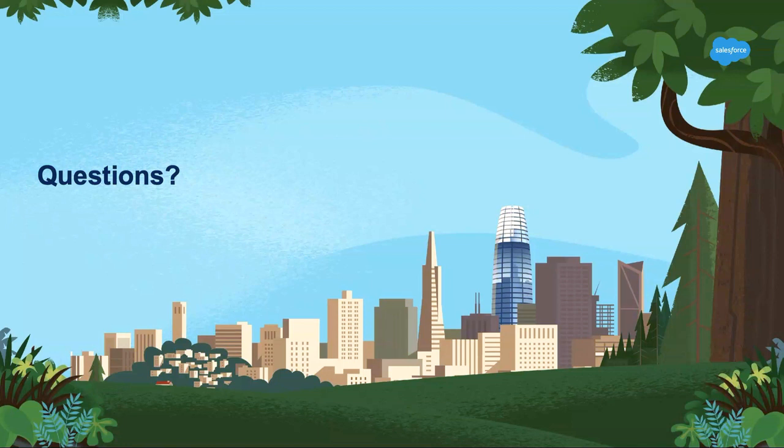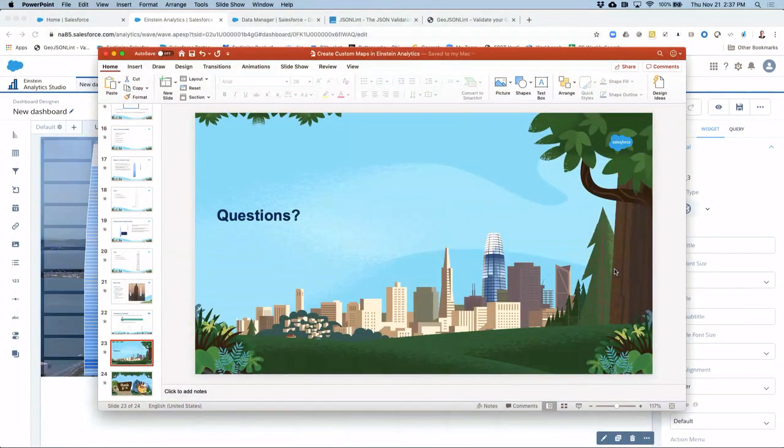Yes? At the beginning of your presentation, you showed zip codes and talked about them a little bit. Is that something that needs to be customized this way as well? Yeah, if you want to show zip codes on a map, it's not built in, so you would have to have a GeoJSON file. I can show you what that one looked like for the Trailhead example. You can download it from there.